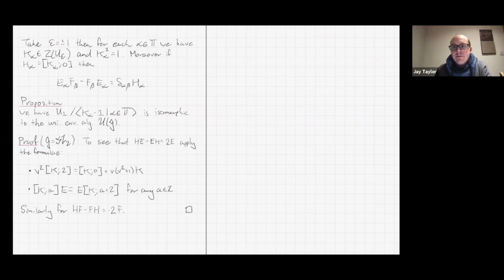Okay, so we're going to be interested in the center of this algebra. So let's recall some formulas to make it easier to see what the center is going to be. So let's just recall the following formulae.